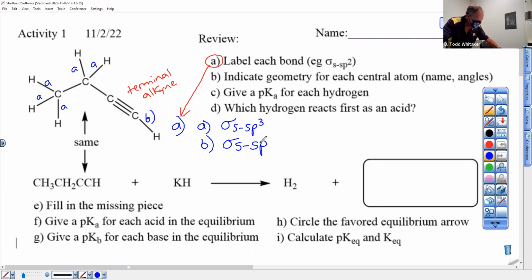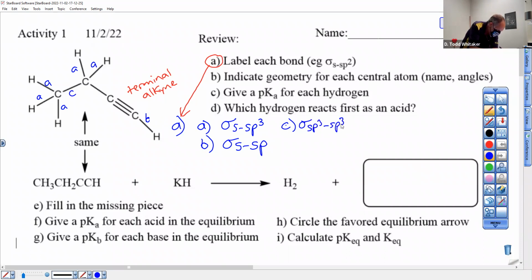Okay, there's your bonds A and B. And I guess I didn't put a parenthesis out here. And let's do C, D, E. C is also a sigma. And the hybrids on both carbons are the same, aren't they? What are they? Yeah, sp3 on one carbon, sp3 on another.